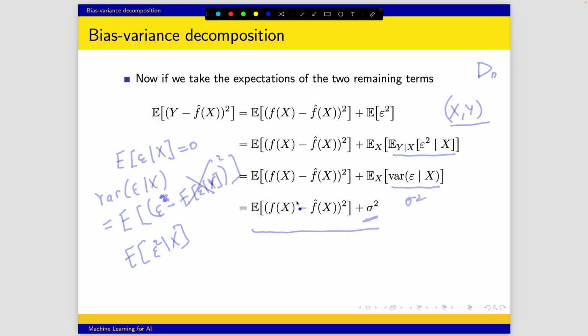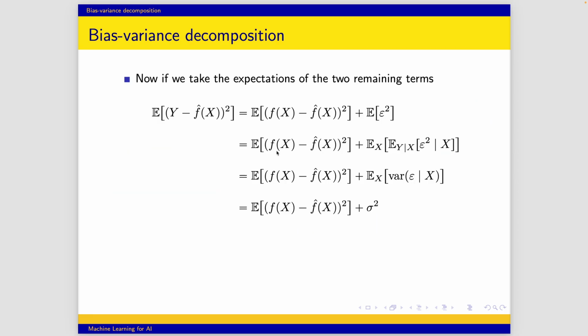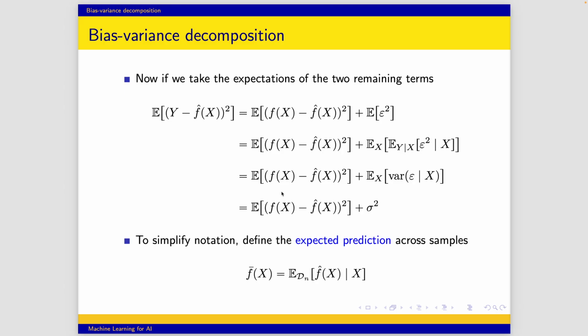Okay, now we're getting closer to where we want to be. So we've got to this point here. What we need to do now is take care of this term here. I'm going to simplify the notation a bit by defining the following quantity, f bar of x, as the expected value over the random sample of our predictor f hat of x given x.